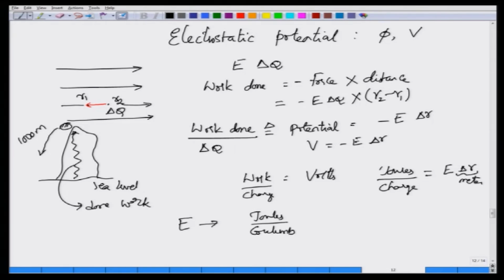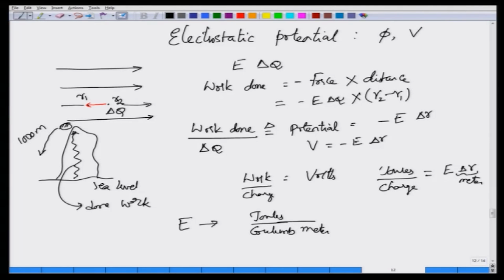Okay. So, charge is Coulomb per meter. However, we have also seen that potential itself is nothing but work done per charge. So, the units of electric field will now be written as joules per Coulomb into meter, but we have also seen that potential is defined as work done per Coulomb, right.